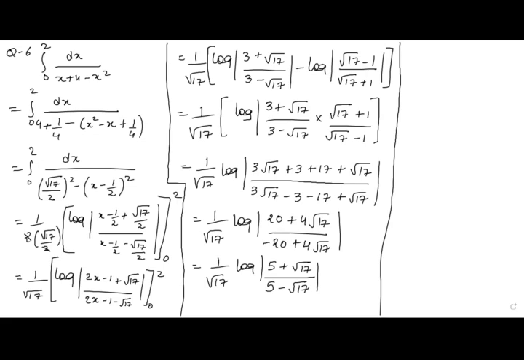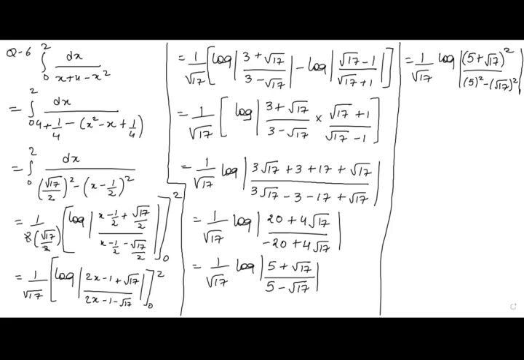Now what I will do is take the conjugate of this, multiplying numerator and denominator with 5 plus root 17. So I will have 5 plus root 17 whole square, and here a square minus b square.